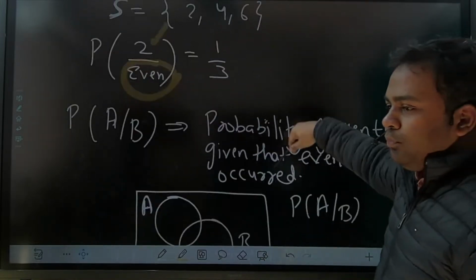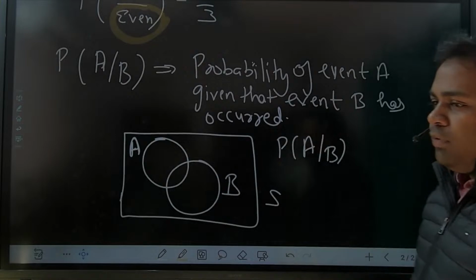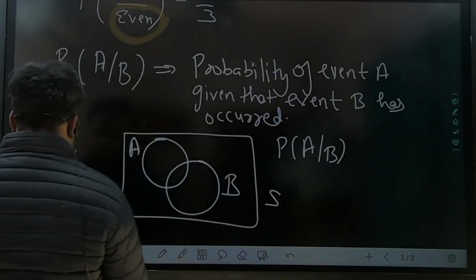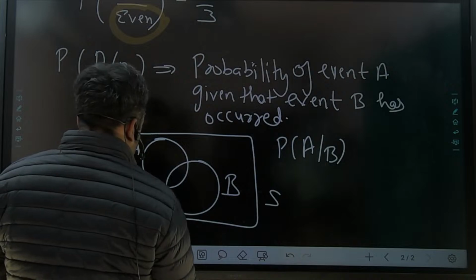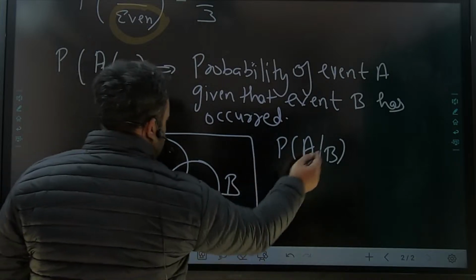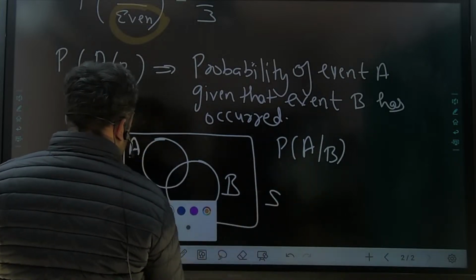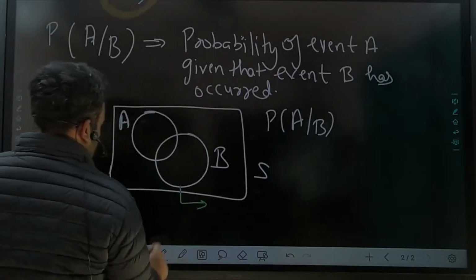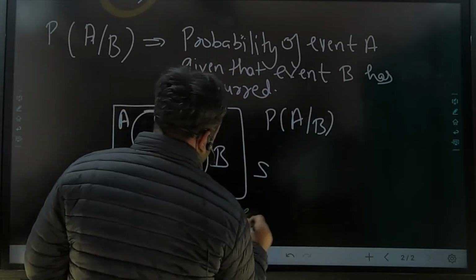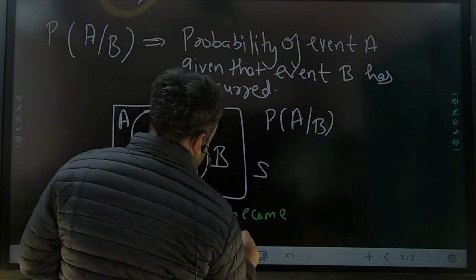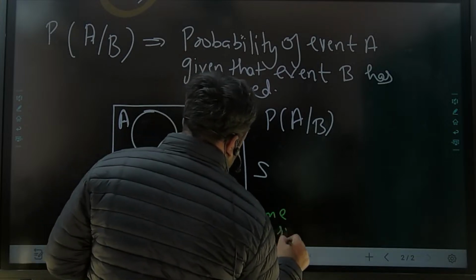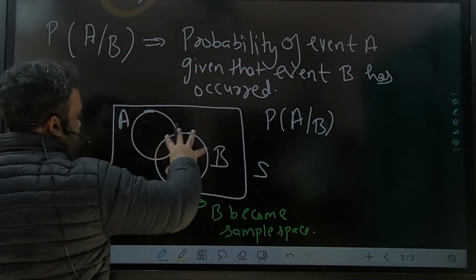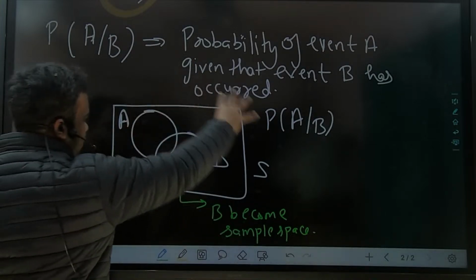So here also, when you're saying probability of getting A when B has occurred, your new sample space is event B. So B becomes the sample space. Out of B you are looking at what part of A has occurred. B has occurred and B is coming out of the sample space only.